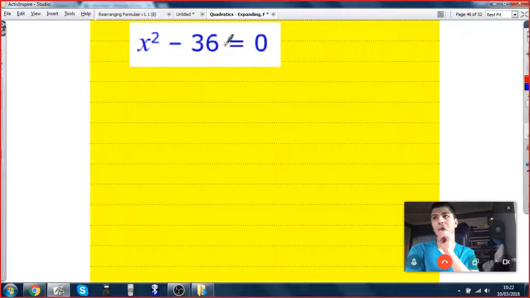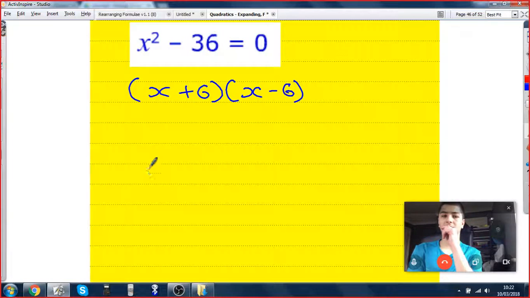That would be if this was 36x. Would that be one bracket because there's two numbers? The problem is they have nothing in common, so there is no common factor you can take out. Would it be x plus 6 and x minus 6? Correct, yeah.